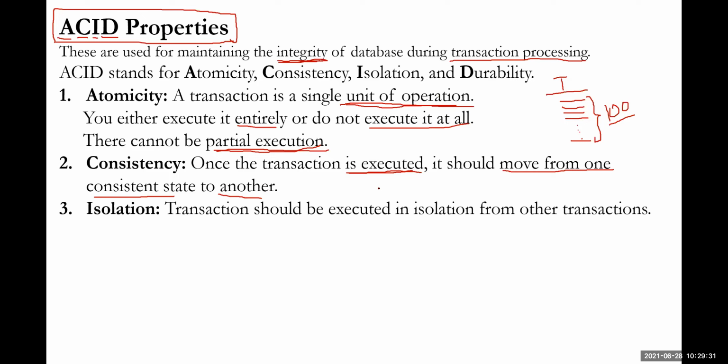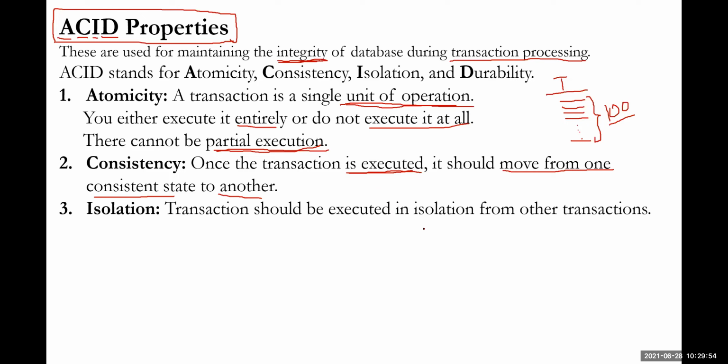When any transaction is being executed, no other transaction can be interleaved. Let us see what interleaving is in a couple of minutes. So no transaction will be interleaved. Everything is isolated, in the sense of alone.